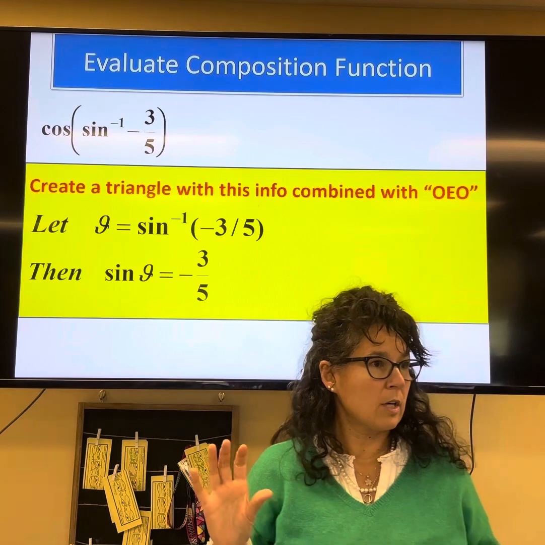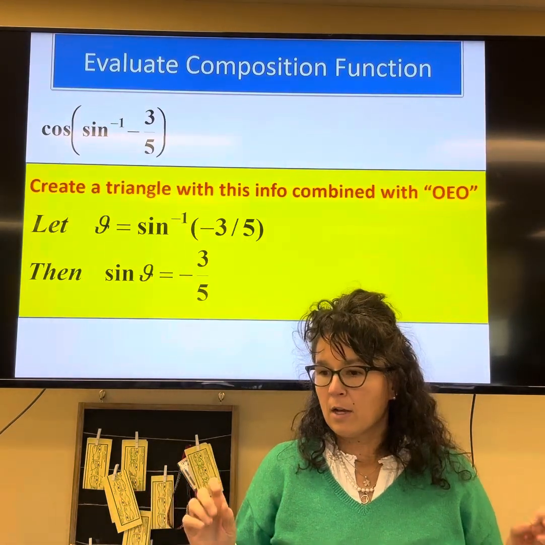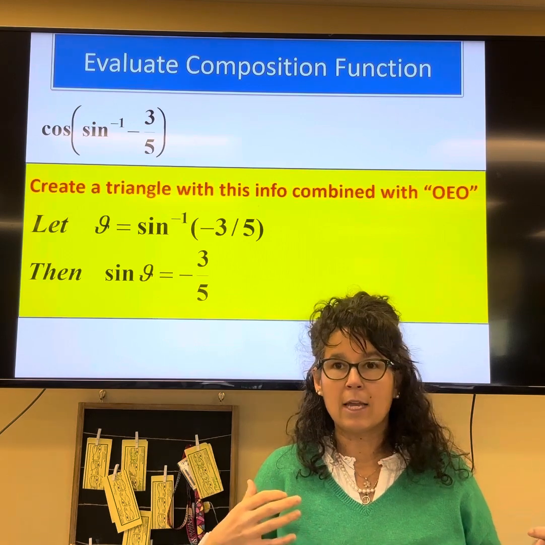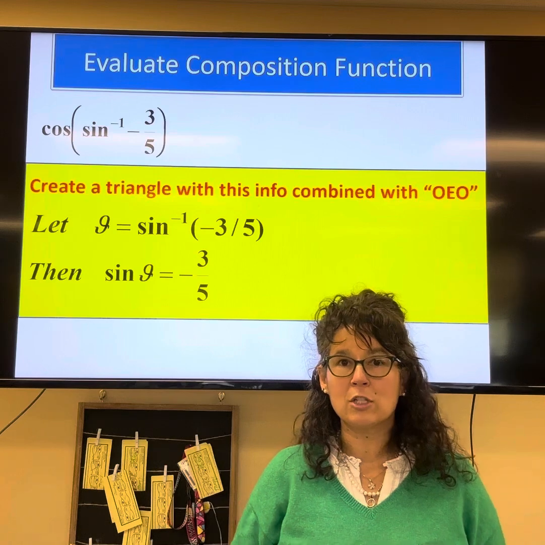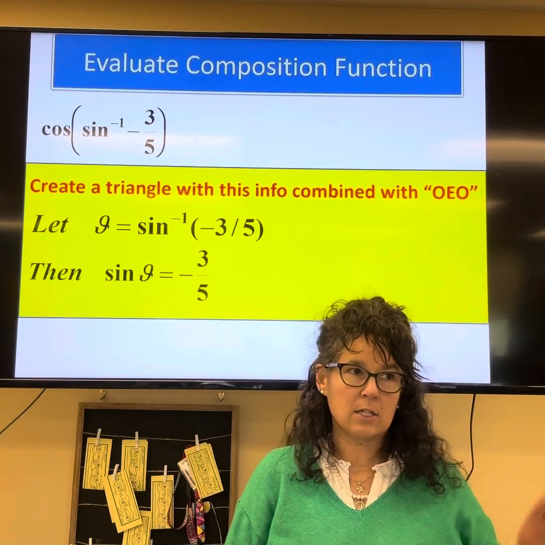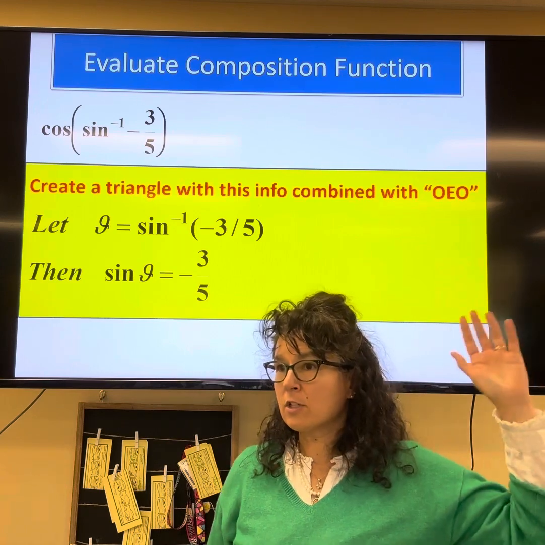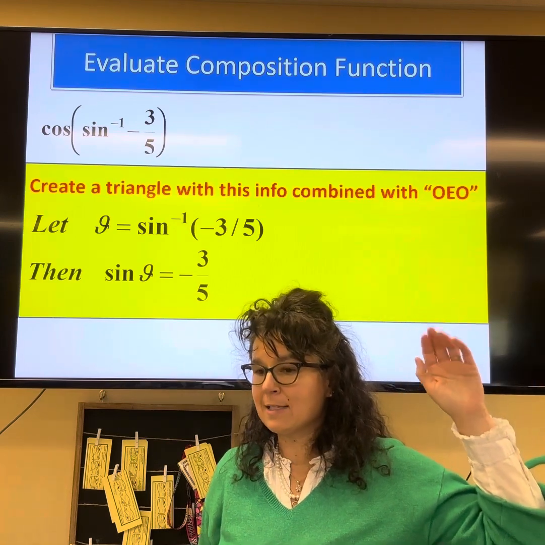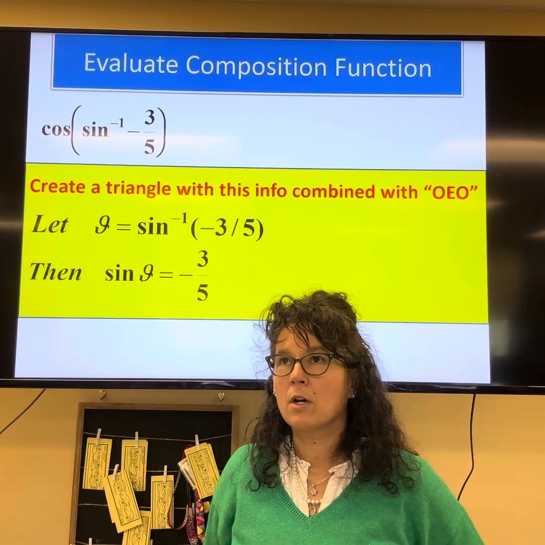And we're going to figure out where we should build this triangle on the bow tie. For me, we're like inverse trig functions. For sine, it's a SAM-I-AM function, so that means that it's going to be in quadrants 1 or 4. Sine inverse is positive in quadrant 1, and sine inverse is negative in quadrant 4.